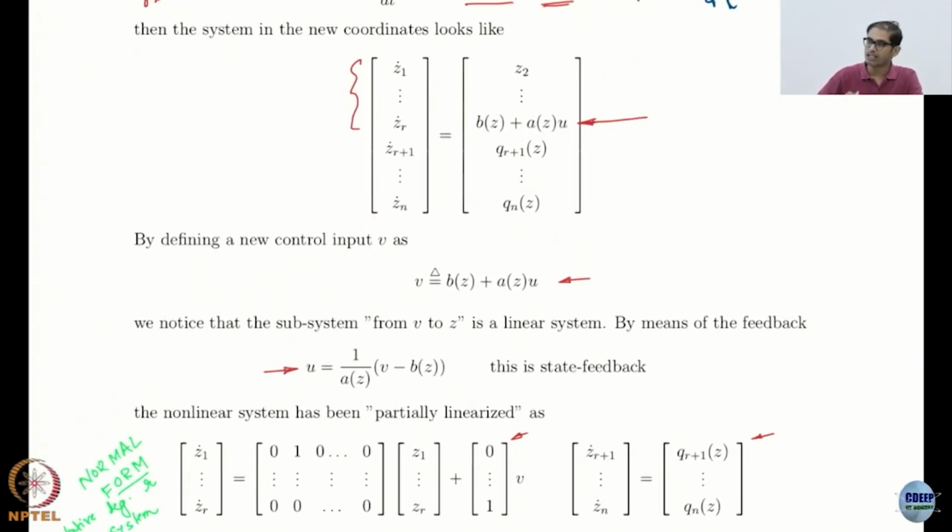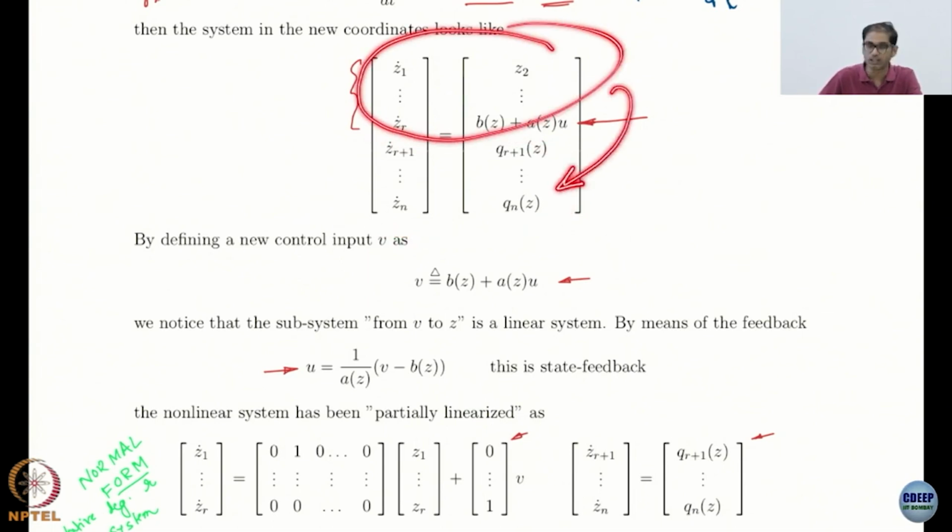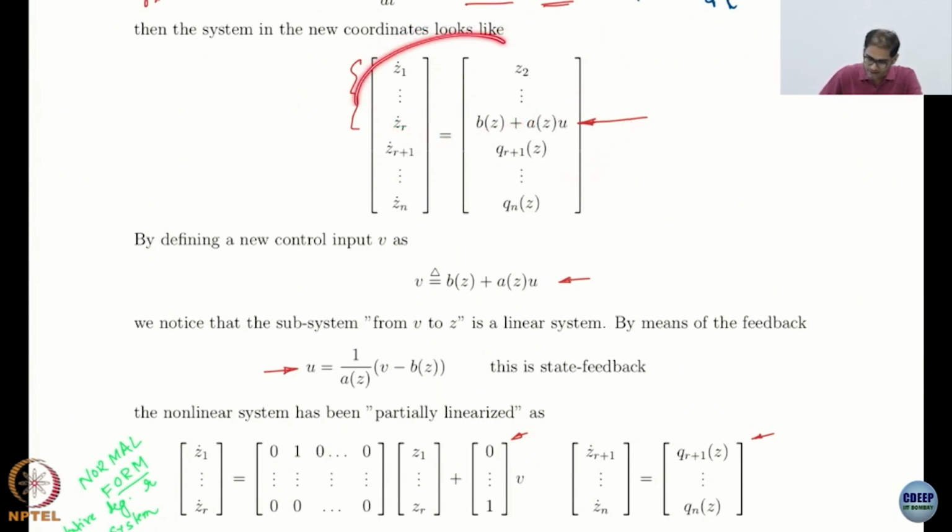You have a nonlinear system, whatever nonlinearities there are, but there is no control in that, and then you have a linear system sort of driving this nonlinear system. So you can do a lot of things with the driving system. Remember the cascade idea: there was a driving system and a driven system.